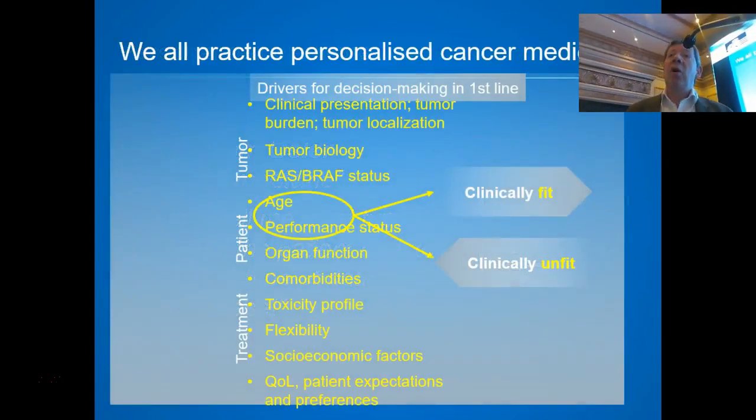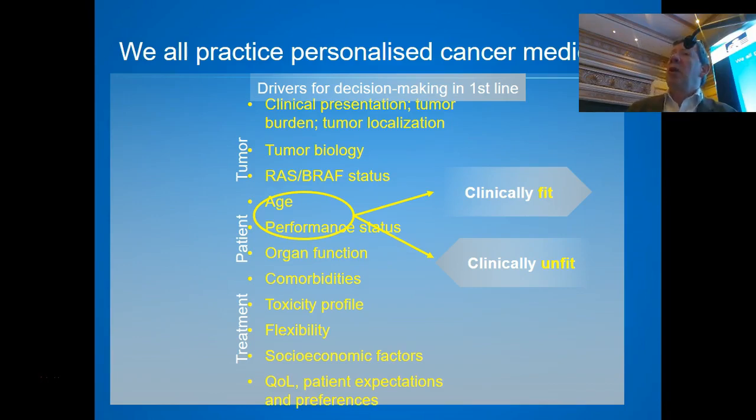I would argue that all of us who are clinicians, surgical oncologists, radiation oncologists, medical oncologists, already practice personalized medicine. Every time we see a patient, we make individualized treatment decisions which are based on the characteristics of the tumor, the patient, and the treatment that we plan to give.